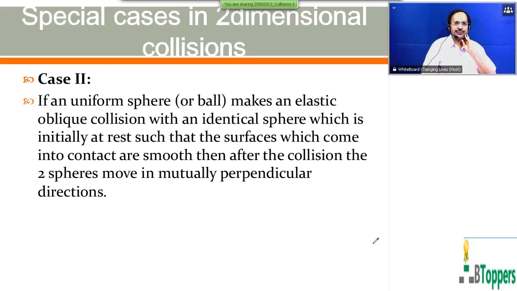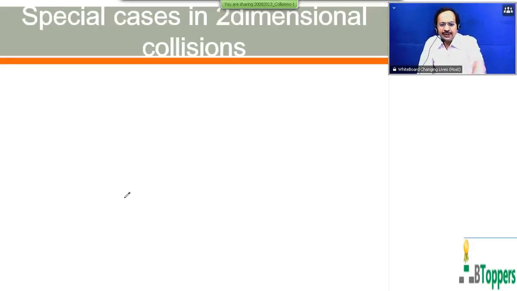Case 2. I have shown the conclusion on the screen. A uniform sphere or ball makes an elastic oblique collision with an identical sphere which is initially at rest, such that the surfaces which come into contact are smooth. Then after the collision, the two spheres move in mutually perpendicular directions.